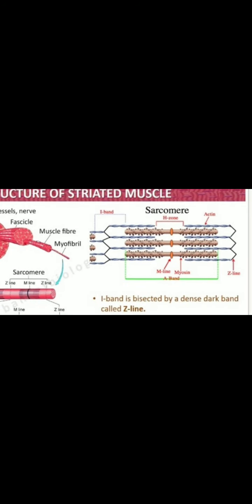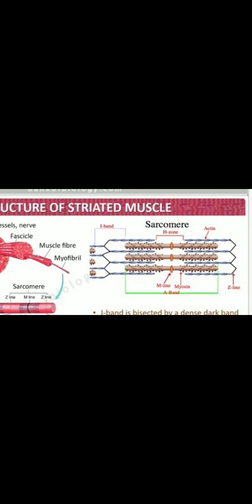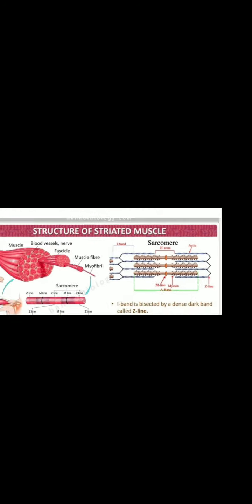You can check out in detail how the diagram is given: what the I band is, what actin is, what the Z line is, which is in a zigzag manner, the M line, which is present in the center, what myosin is, and which is exactly the A band and I band. All the details were given about it earlier also.